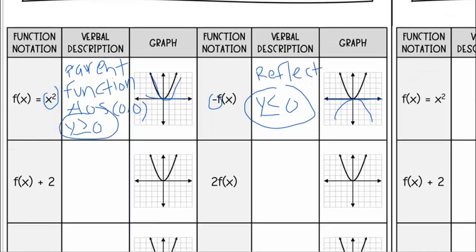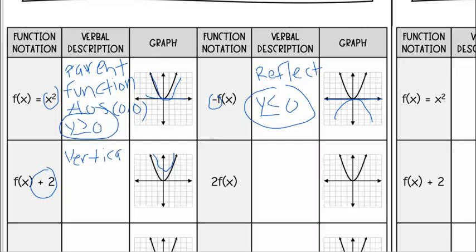All right, a couple more here. Now here's a basic transformation where we're going to go up 2. So that's the key right there. So f of x plus 2, you're going to go up 2 like this, and the vertex will be here. It's called a vertical transformation, because you're going up.